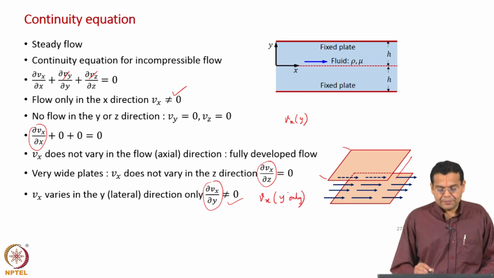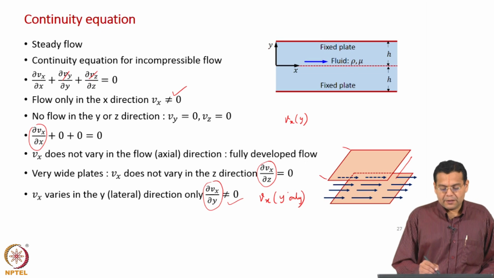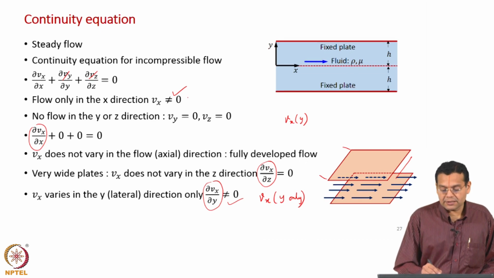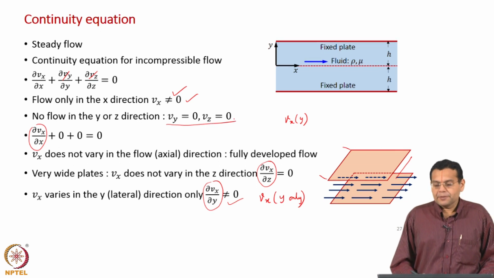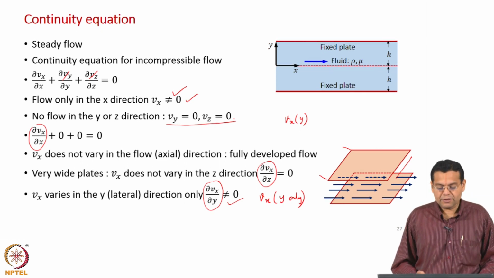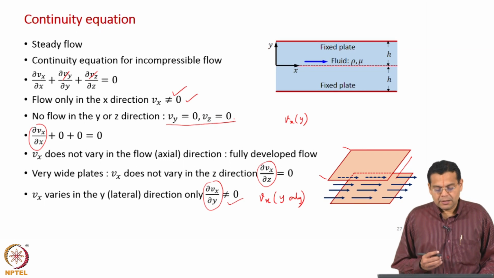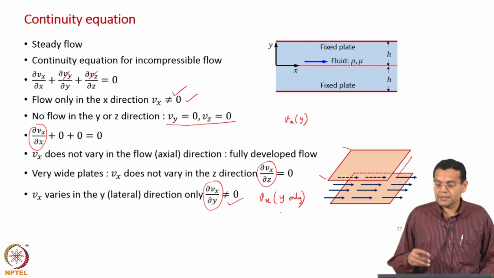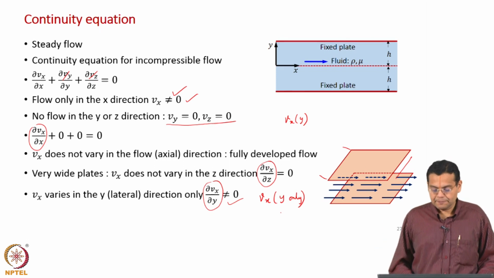Now, we said V x is not equal to 0, and by taking no flow in the y and z direction, based on the continuity equation we concluded there is no variation of V x along x, and we made the assumption that V x does not vary along z, and so that leaves us with the condition that V x varies only along y.